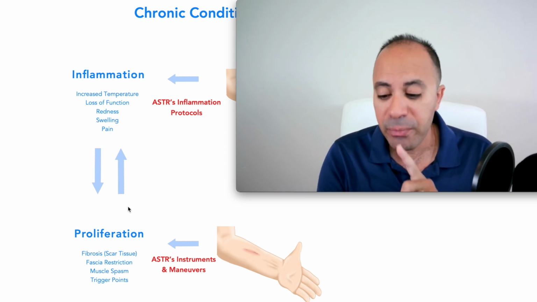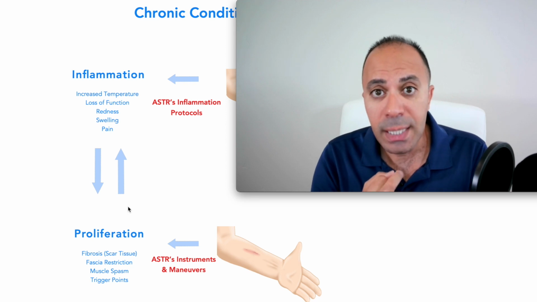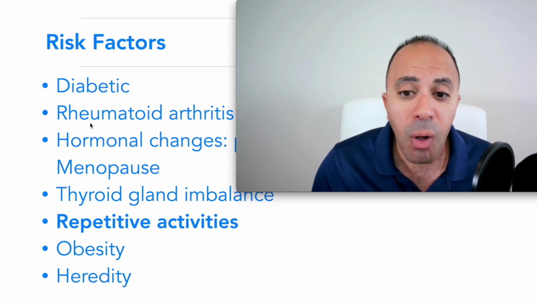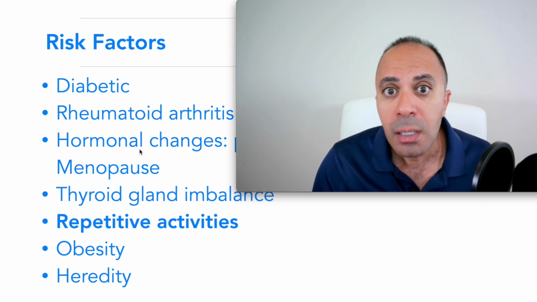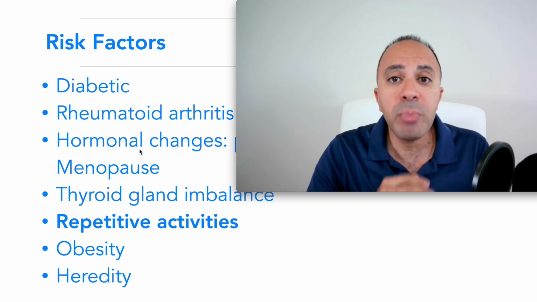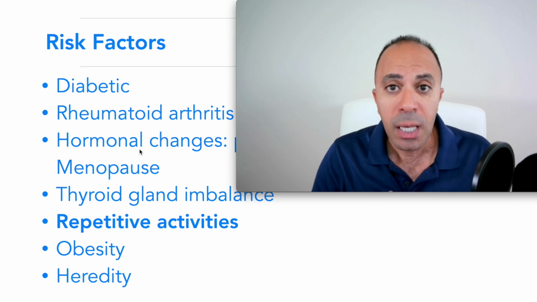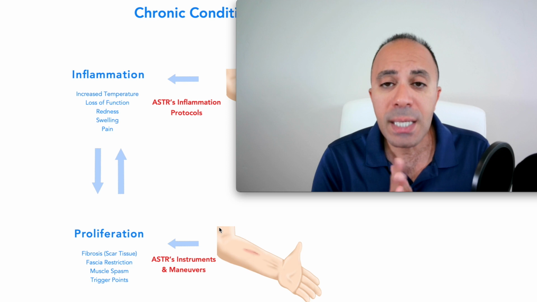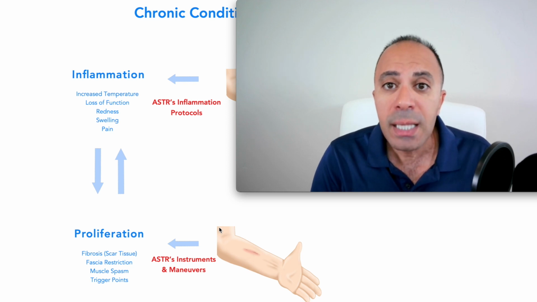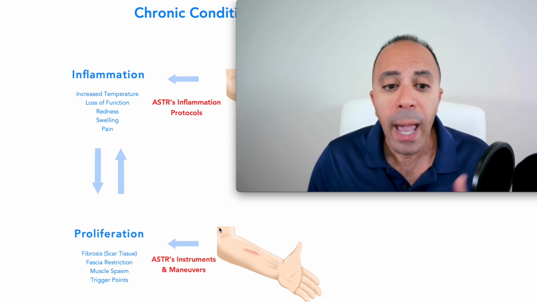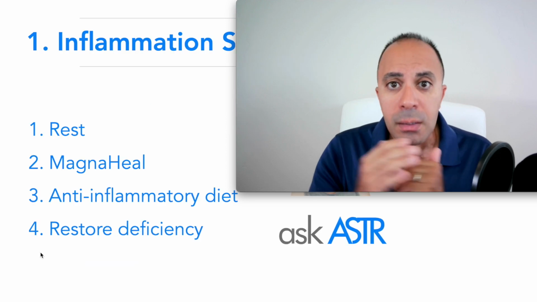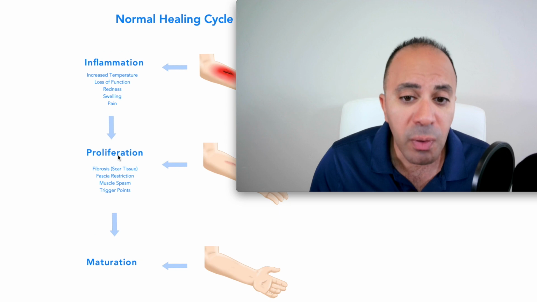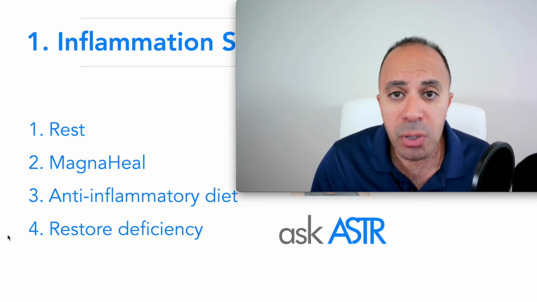If you have vitamin or mineral deficiency, or hormonal imbalance, and when you look here at the risk factors, they are all hormonal imbalance, your body is going to be slow to heal. So for a chronic condition, we have to figure out what is missing, what is deficient that slows down your healing. When we do that, the body gets the nutrients it needs to transition from inflammation to proliferation to maturation. So how do you do that at home?